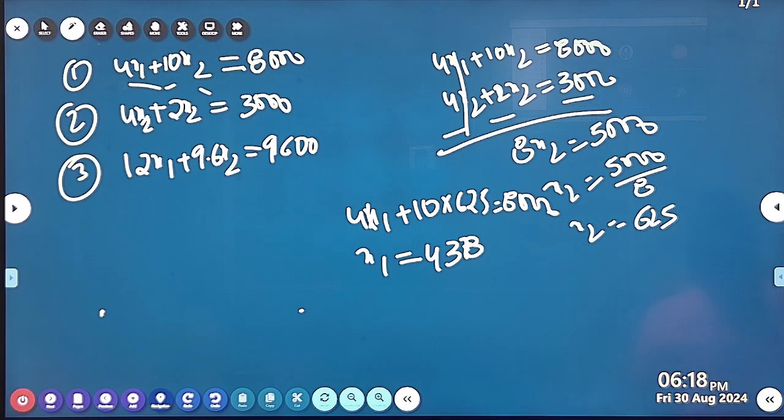But in the question, why are we getting different answers? Because they are solving with equations 2 and 3, but we are solving with equations 1 and 2. That's all. You can also solve with equations 2 and 3. Okay, but now here we are solving with equations 1 and 2, right? In the question they are solving with equations 2 and 3. Okay, clear?